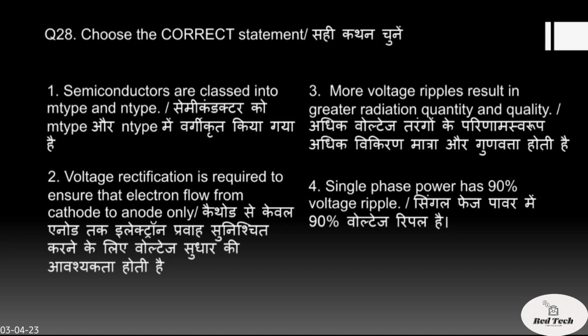Option 3 is more voltage ripple results in greater radiation quantity and quality. Option 4 is single phase power has 90% voltage ripple. The right answer is option number 2, voltage rectification is required to ensure that electrons flow from cathode to anode only.